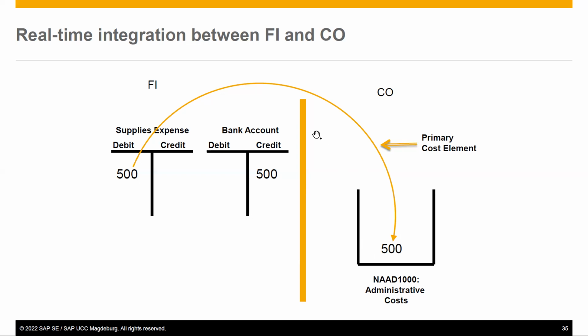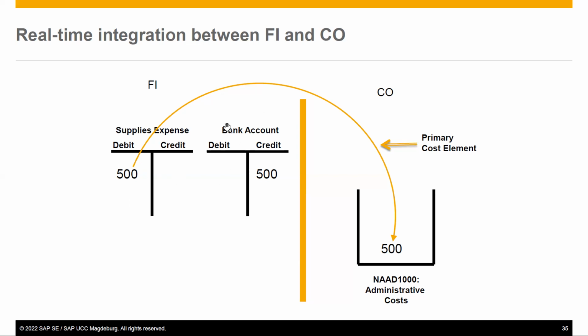Is that clear, guys? Okay, one more time. You make a purchase through the purchase order in financial accounting. So you purchase maybe stationery for 500 riyal, and you make the payment through the bank, 500 riyal.